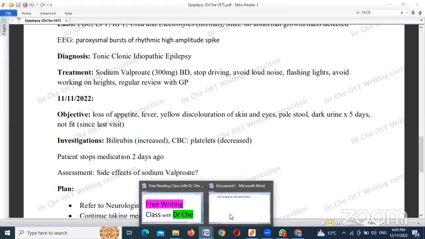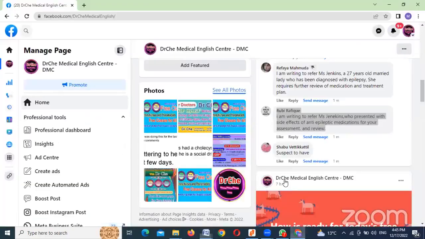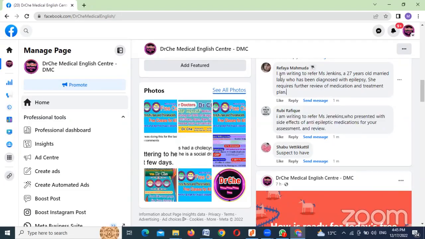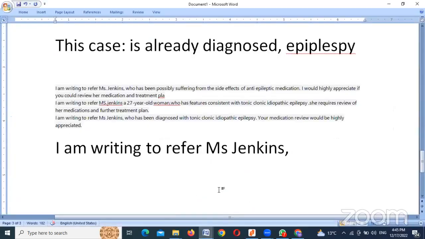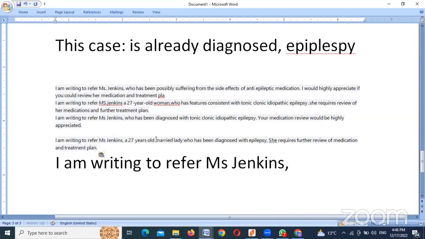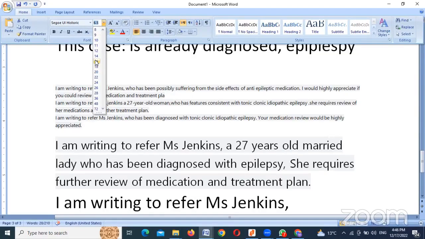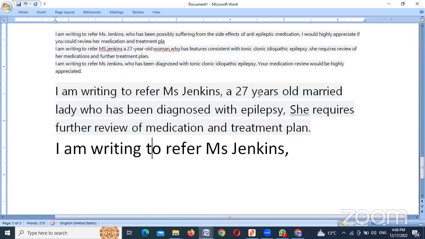If I write like this, a student has written the last one that I can see, Rafia. Let us read this one. I'm writing to refer Miss Jenkins, 27-year-old.